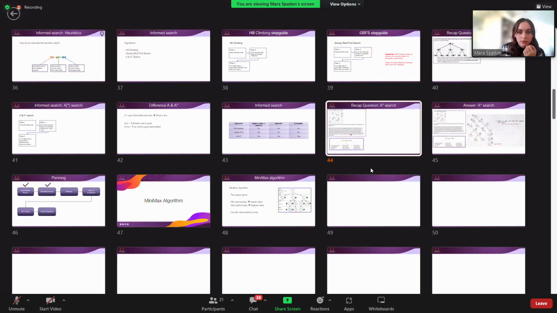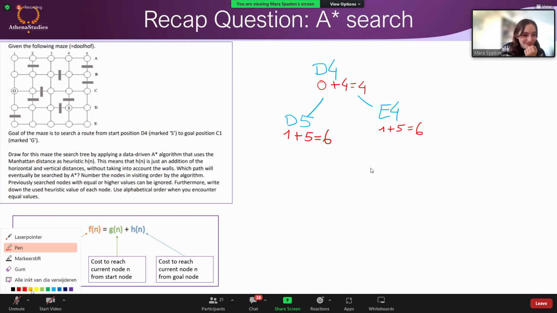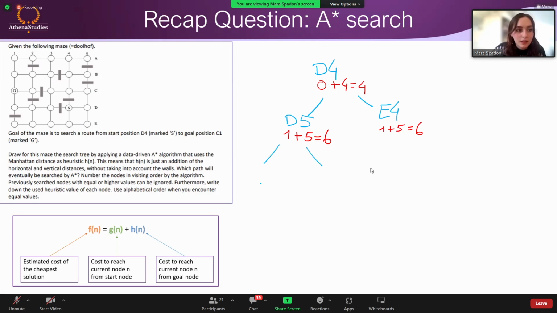So from D5, where can we go? You can go up or down. That would be C5 or E5, right? Yes, C5 and E5. And what would the heuristic values be for these? 2 steps from the start, and for the goal, 4.